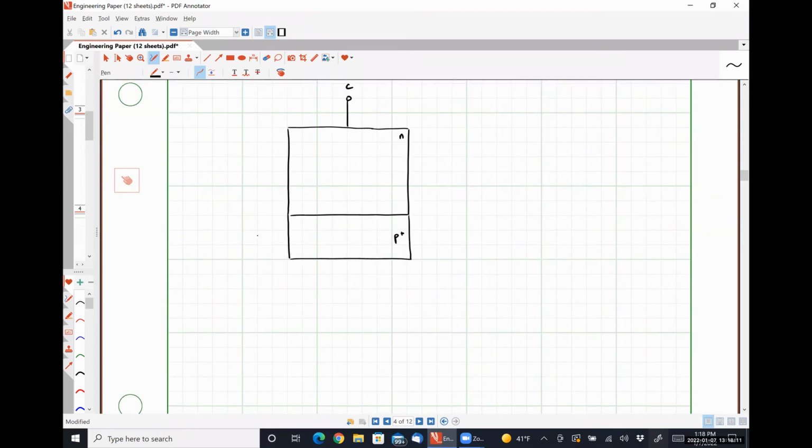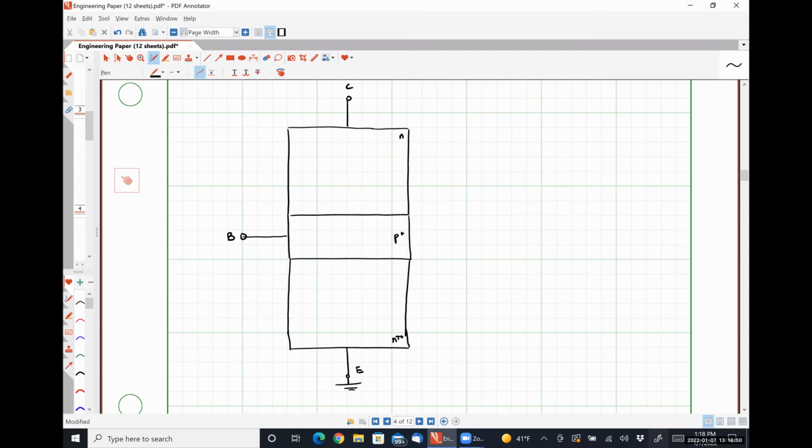And this node over here is going to be my base terminal. And then down here will be my very heavily N-doped emitter region. And I'm going to put my emitter as ground in this very simplified example.